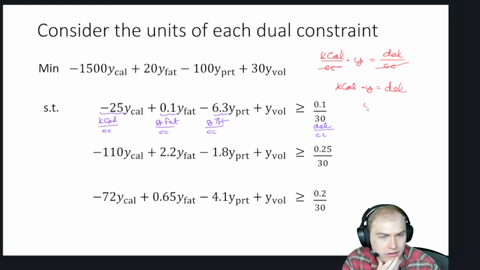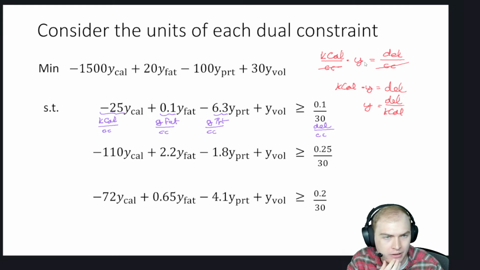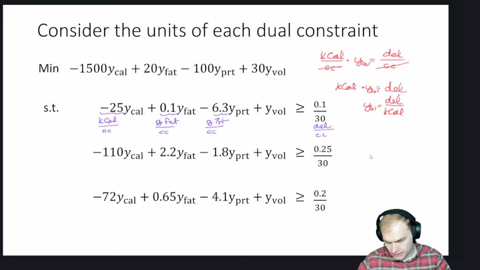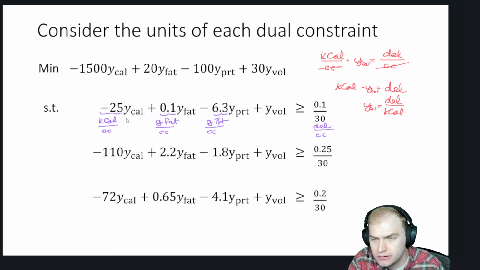And divide. So Y is in terms of deliciousness per kilocalorie. And perhaps better, this is Y cal. It should have the unit deliciousness per kilocalorie.